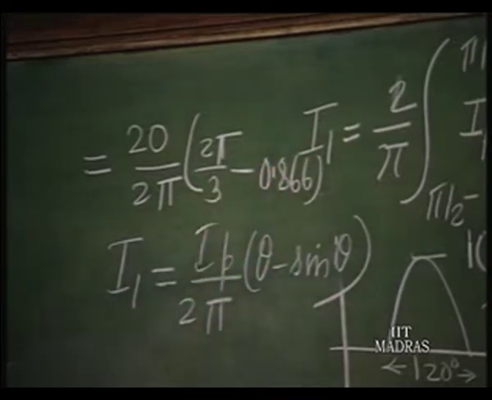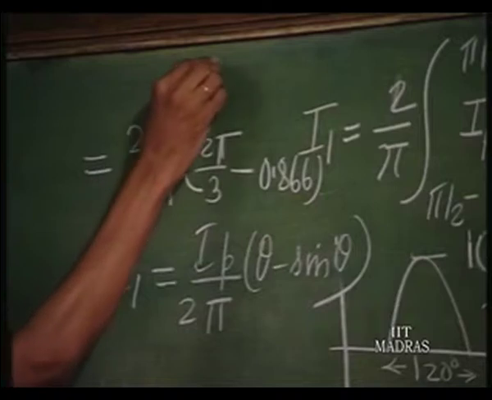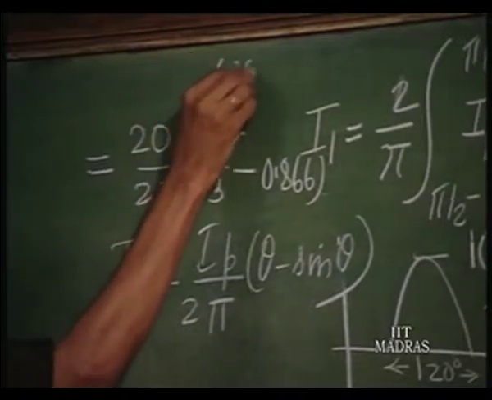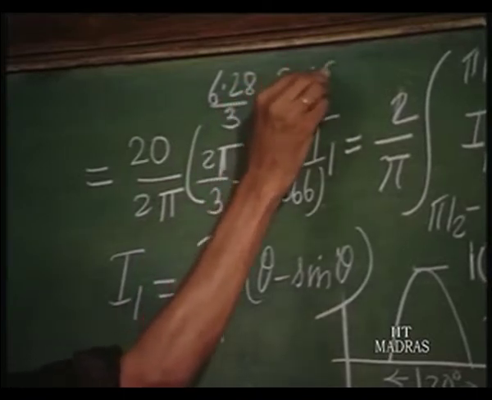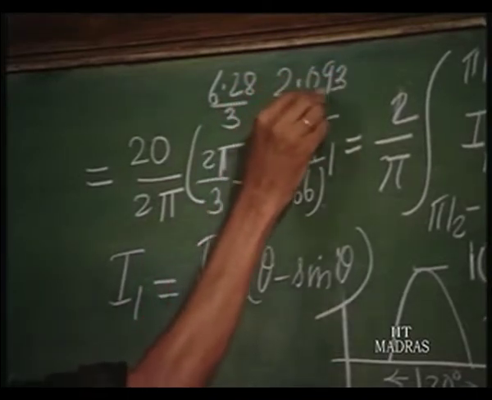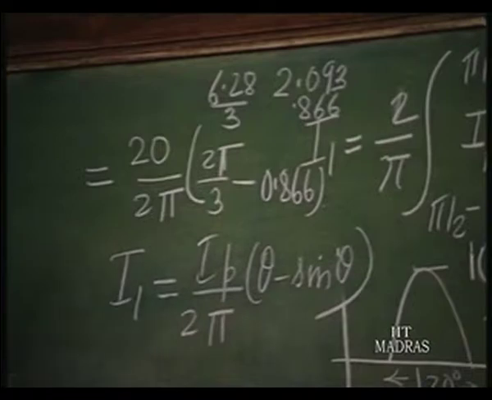So, basically we get 2 pi, which is 6.28 by 3, that is 2.093 minus 0.866.